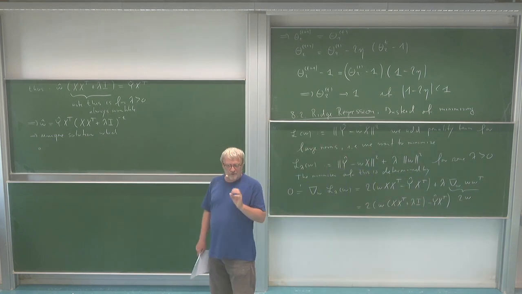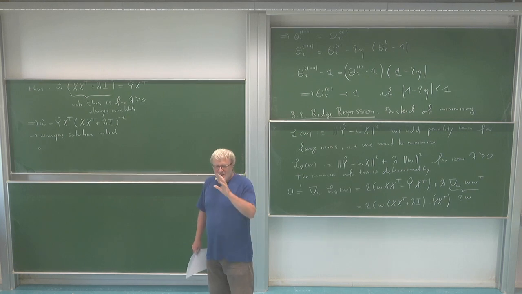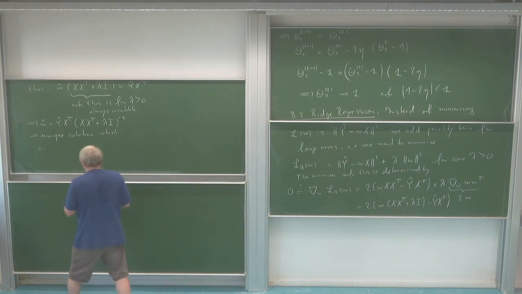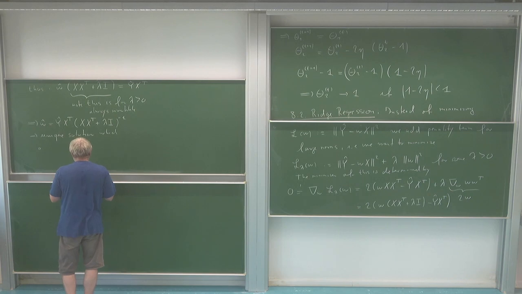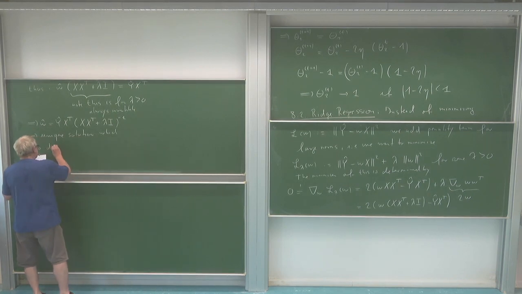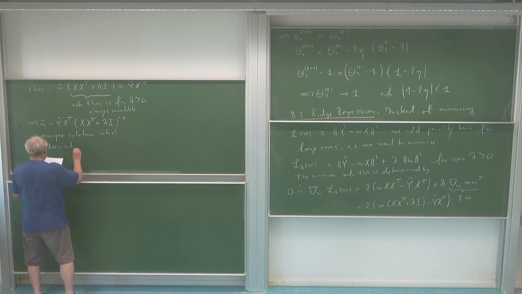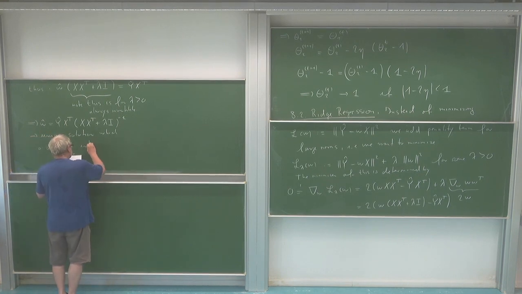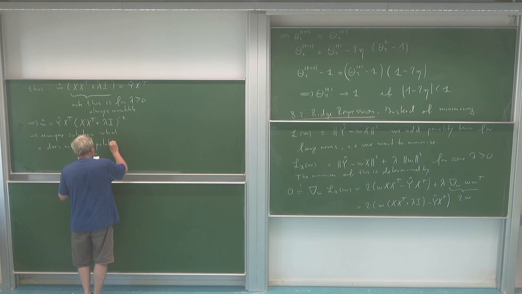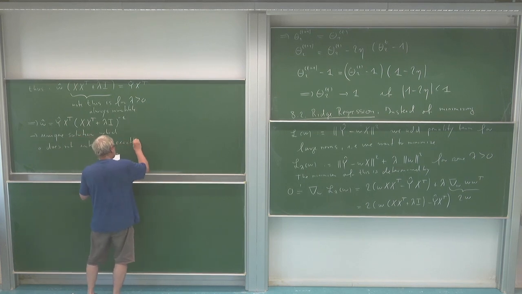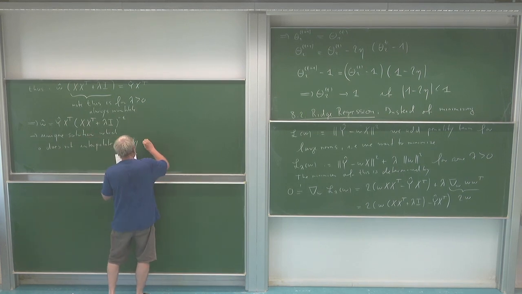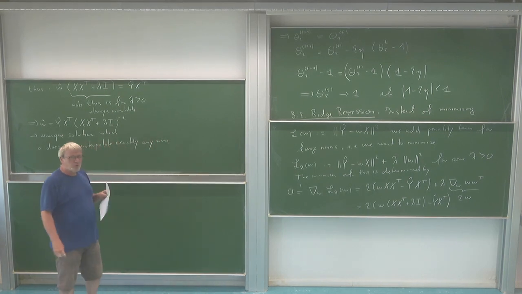But I'm going away from solving my equation exactly because I want to have other properties still. So this does not interpolate exactly anymore, but we allow small errors now.